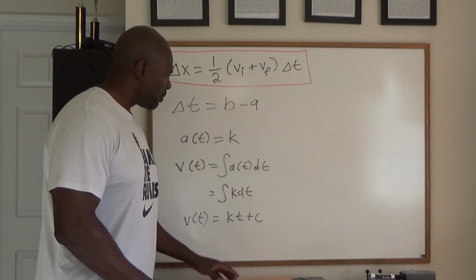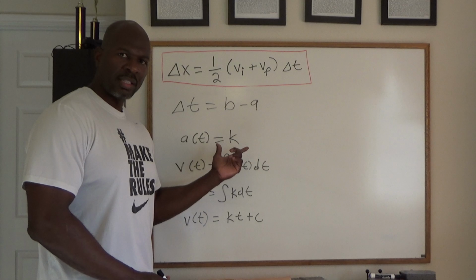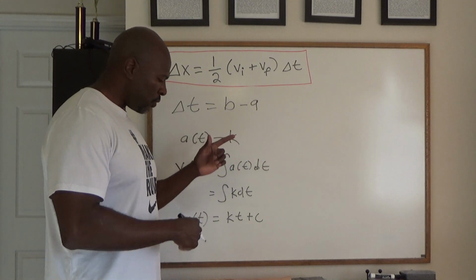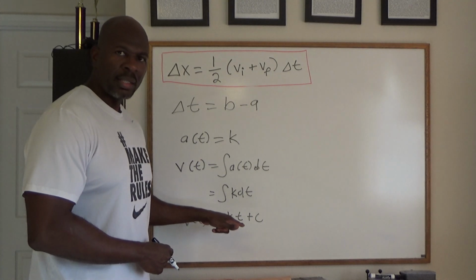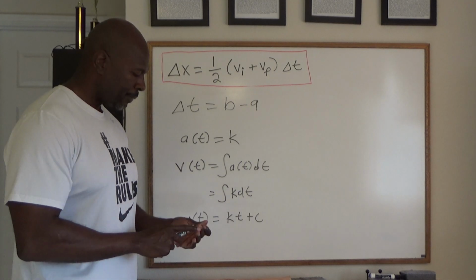So in this model, our acceleration is some constant k, and therefore the velocity is k times t plus a constant c.